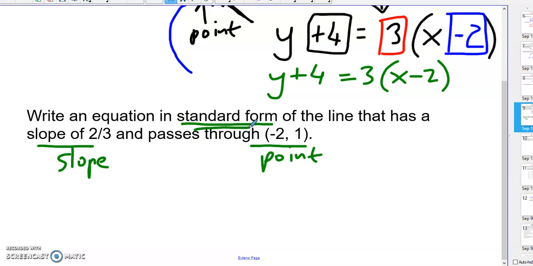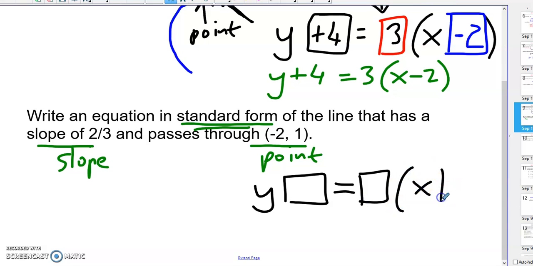So with point slope form, let's write this out. We have y, and then something that goes next to the y, is equal to, another box there, x, and then something that goes next to the x. And the x stuff is in parentheses there. So our slope of 2/3 goes there.